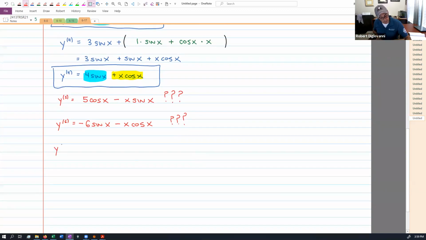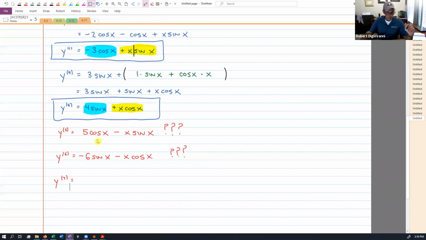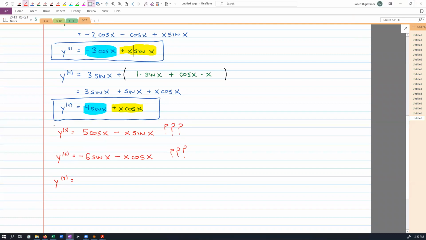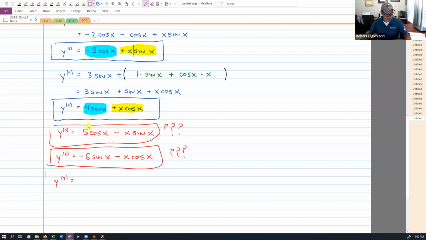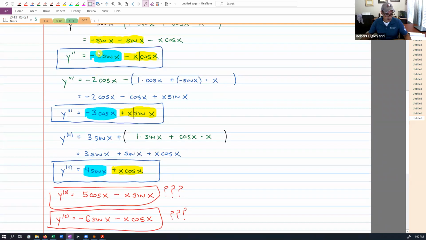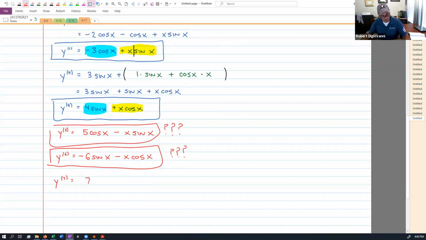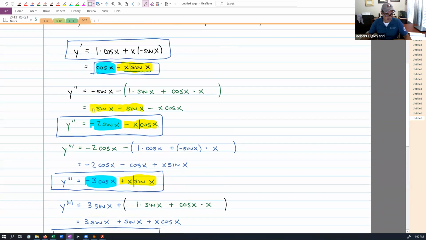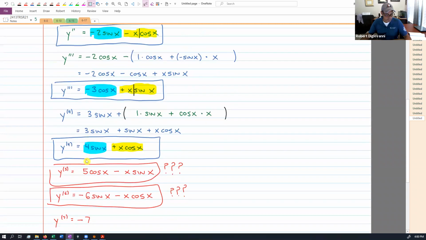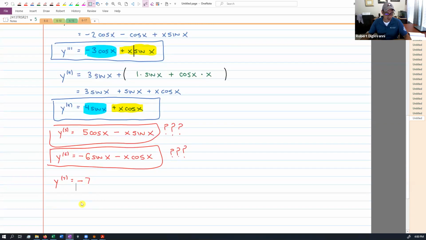Let's keep going. What would the seventh derivative be? It'd be 7 cosine x. Positive or negative? These numbers keep going up, right? It was 1, 2, 3, 4, 5, 6. This should be a 7, but we should have a negative in front because the pattern is negative, negative, positive, positive, negative, negative, positive, positive.